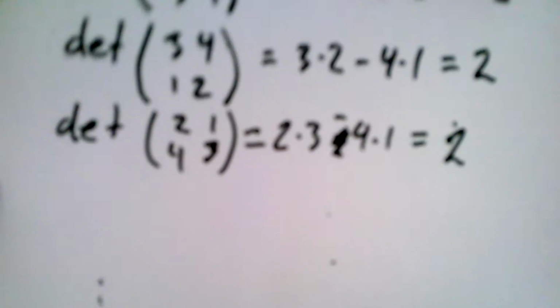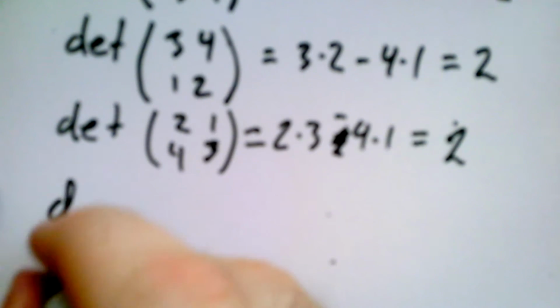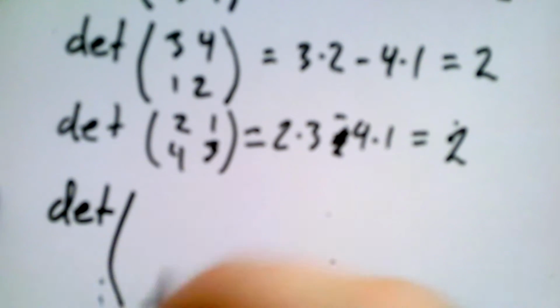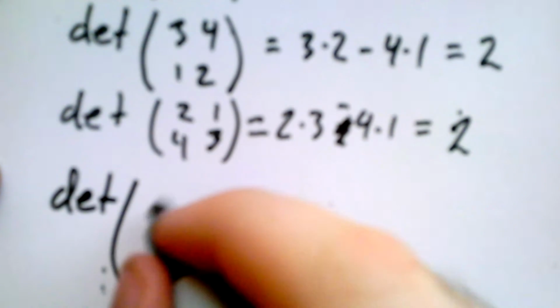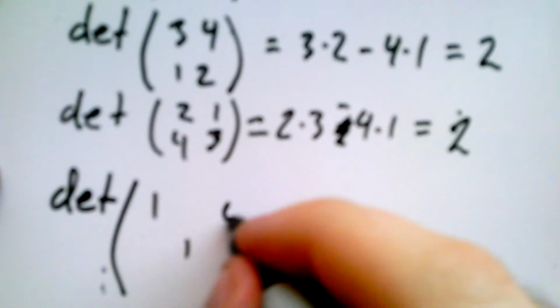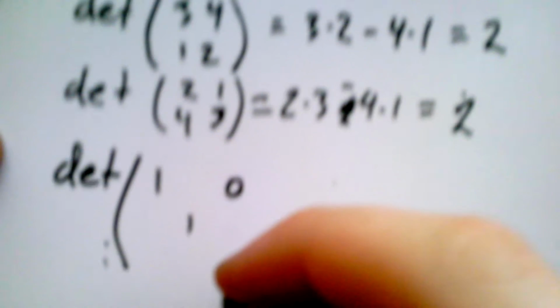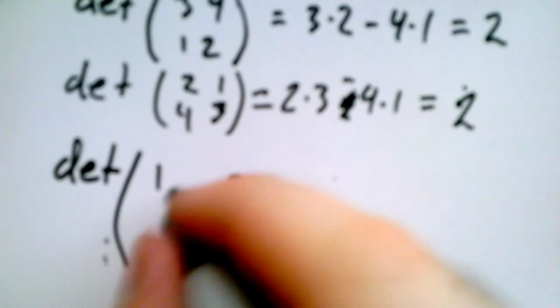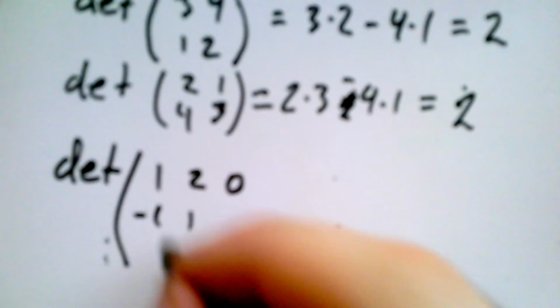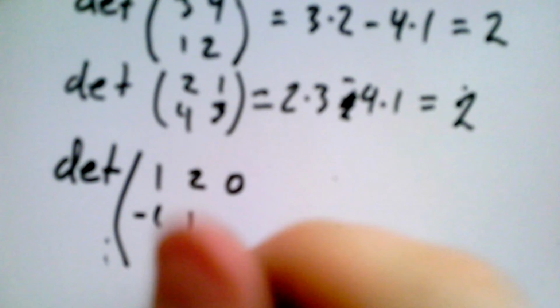Now, how do we take a 3 by 3 determinant? Well, I'm going to add some zeros in this just to make the determinant less cumbersome to compute. I might add a few negative numbers too.